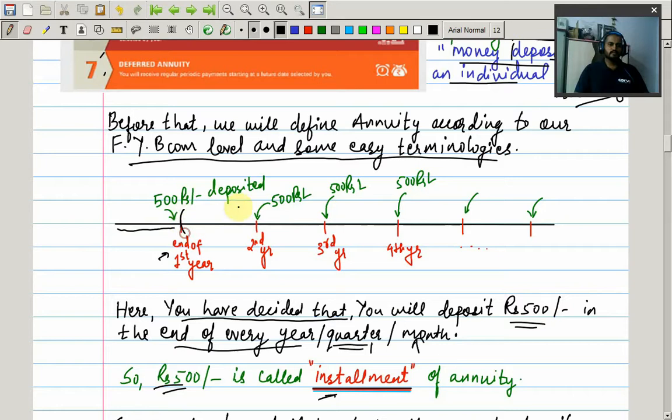The annuity period is this 1 year. If you decided to deposit installments after every quarter, then 3 months will be the annuity period.